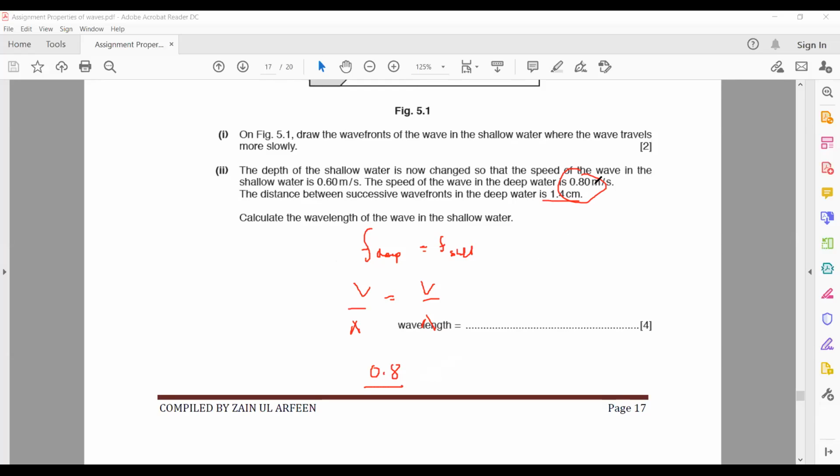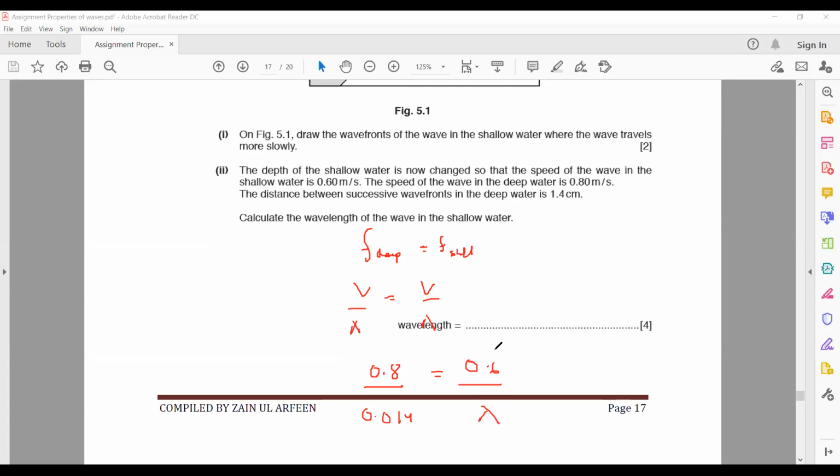The wavelength in the deep region is given as 1.4 centimeter, because if speed is given in meter, this should also be in meter. So I will divide by 100, so 0.014. Then speed in the shallow region, 0.6, and wavelength, we don't know.